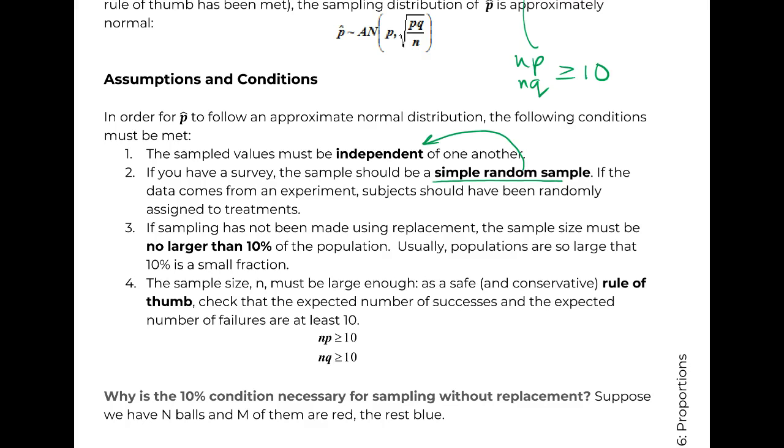Another thing that's sort of counterintuitive, 3 and 4 are a bit of a balancing act. We need our rule of thumb. We need our np and nq to be greater than or equal to 10, so we need our sample to be large enough. But in 3, we need to make sure our sample size is not so large compared to the population. It shouldn't be more than 10% of the population.